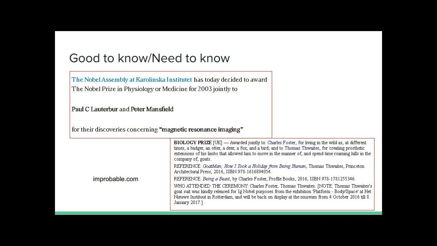Does everyone on earth want to take a holiday? Would everyone on earth without a holiday be a big problem? No. So that is the difference between good to know and need to know. When you choose a research topic, you want the topic to be a need to know topic. Okay.